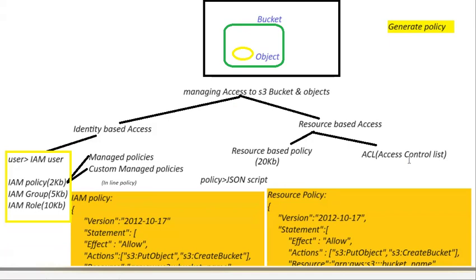By default, every access is present for the bucket owner, but for everyone or authenticated users, no access is provided by default. If you want, you can provide another account user as a grantee in ACL to give access to your bucket as well as bucket objects.